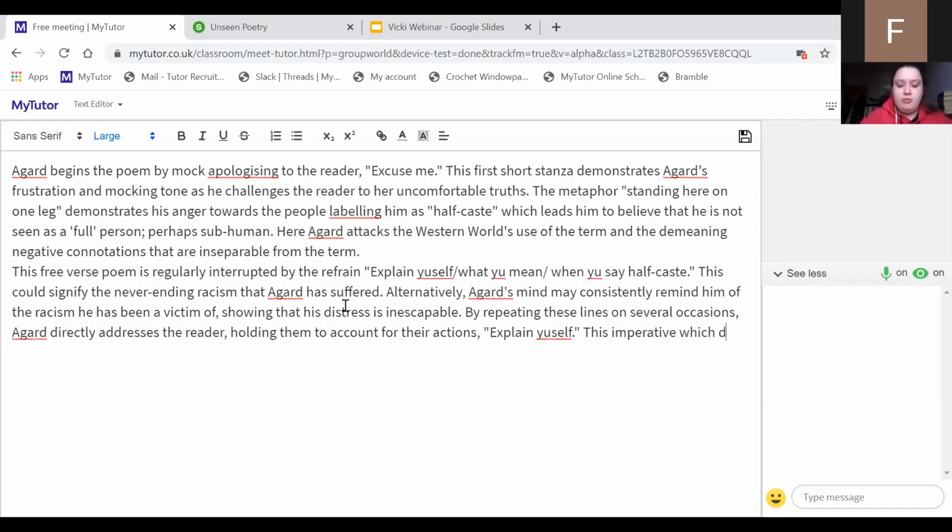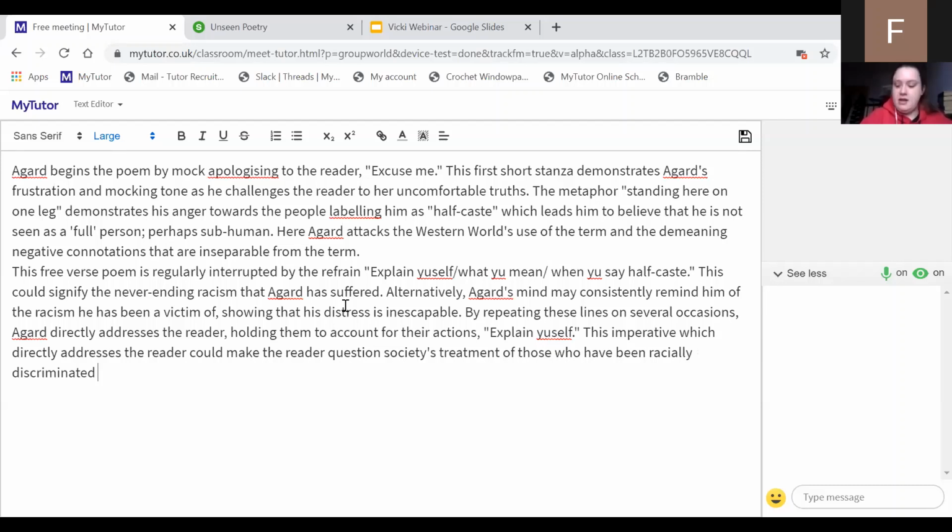This imperative, which directly addresses the reader, so I'm talking about direct address, so I've got another feature in there, could make the reader question society's treatment of those who have been racially discriminated against, as well as feeling remorse.